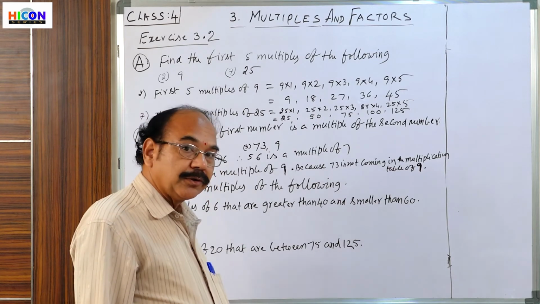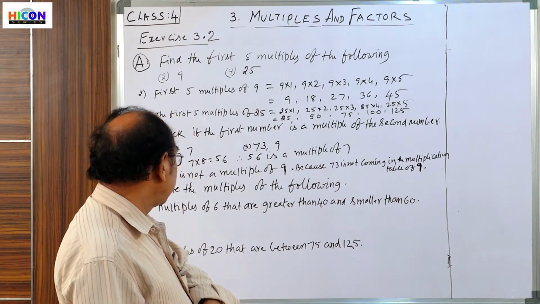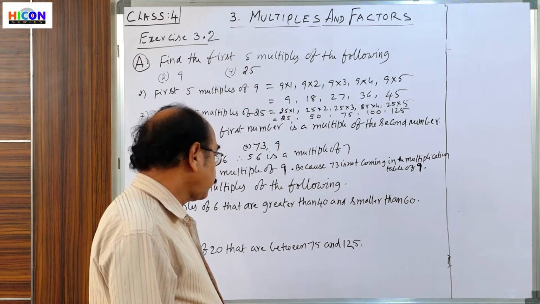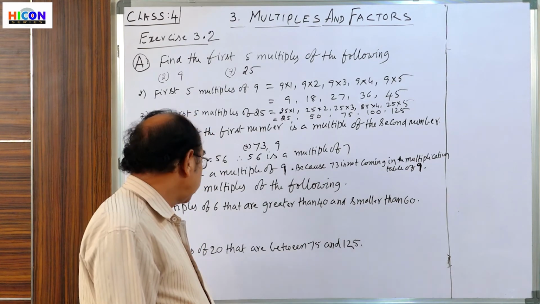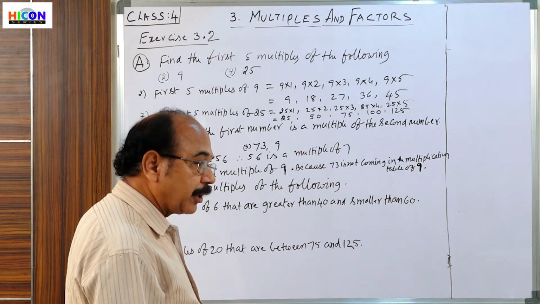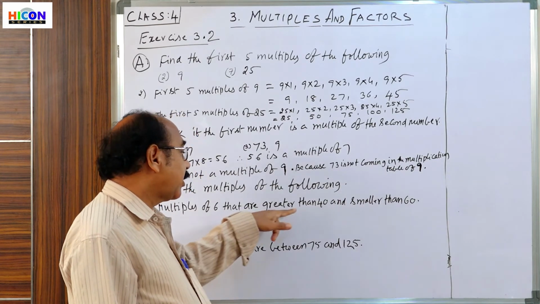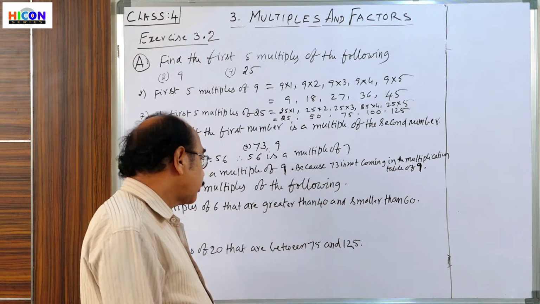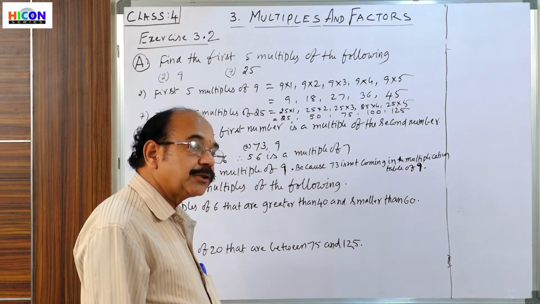That means you go through the 6th table. In reading the 6th table, you get the multiples of 6. And what is the condition here? They must be greater than 40 and smaller than 60.